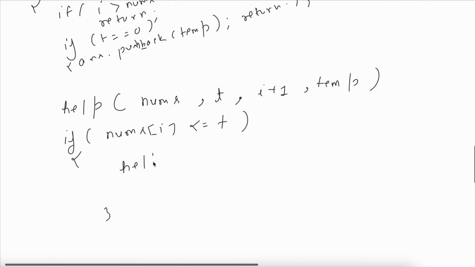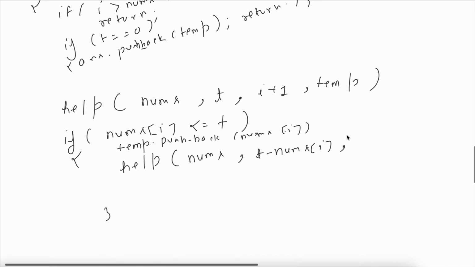Before that, we will push our nums. Now we will call help. The index would be the same. Target will decrease by nums of i because we have chosen that number.